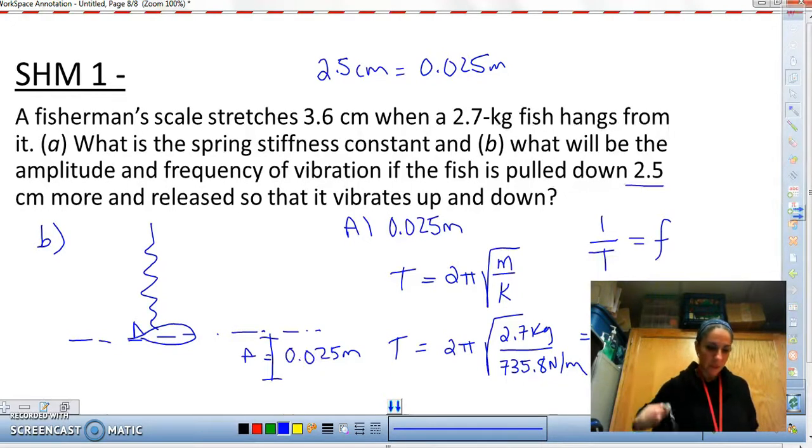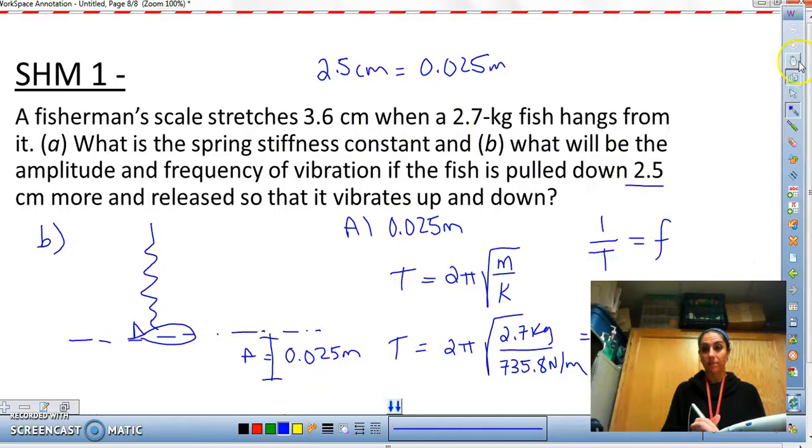So 0.38 seconds. And then to get the frequency, I'm just going to take the inverse of that number. So it becomes 2.62 hertz. So there you have it. That is the frequency of the system.